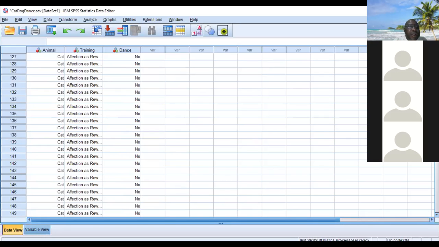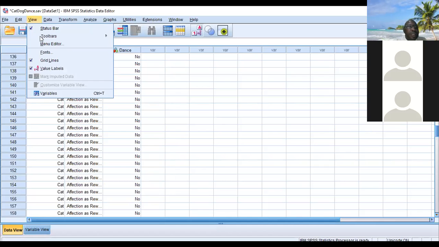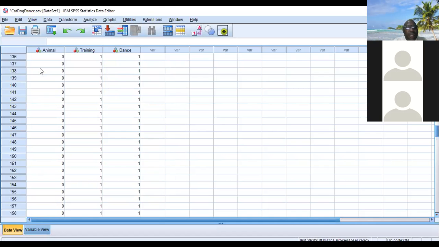Go to View, between Edit and Data. Click on it. Click on value labels. Can you see that? So what we coded is there.